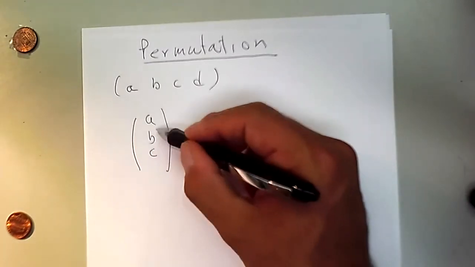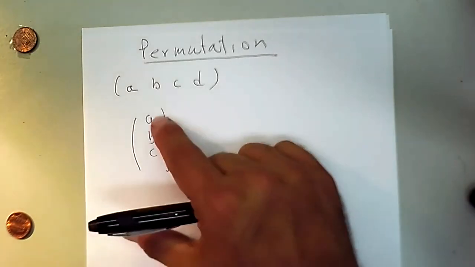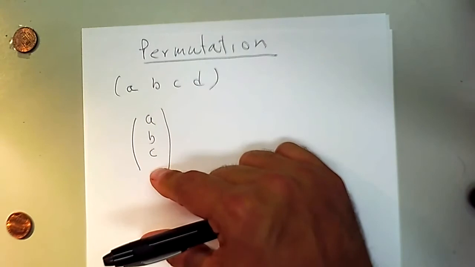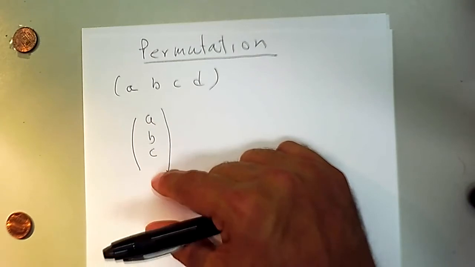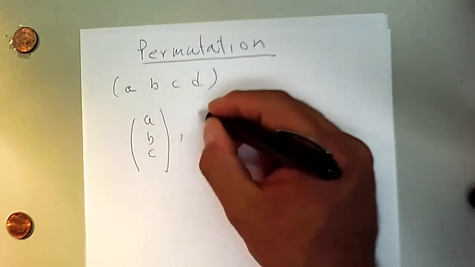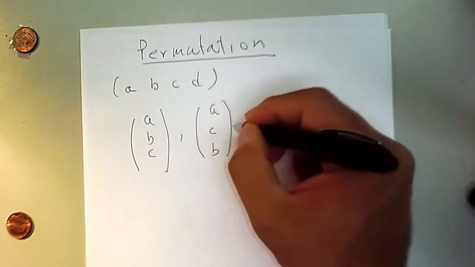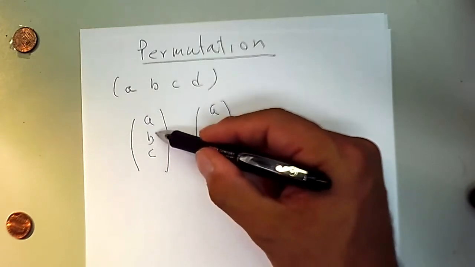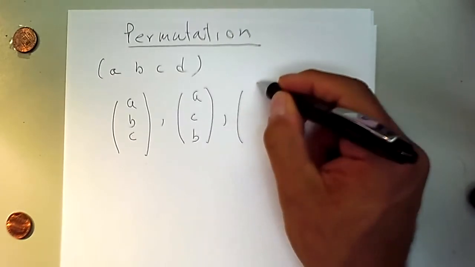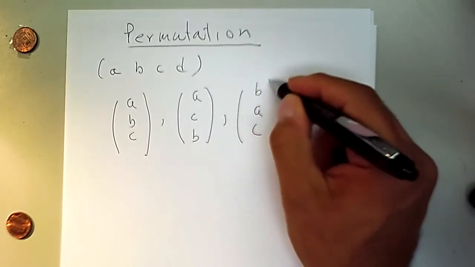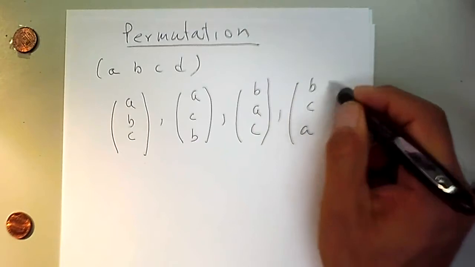Any rearrangement of the letters is going to be a permutation. And in fact, no rearrangement of the letters is also a permutation. So this is one permutation of the letters A, B, C. A second permutation will be A, C, B. So again, any rearrangement, and we exchanged C and B. Or if you put the B on top and then A and C after, that's another rearrangement, or B and then C and A is another rearrangement.